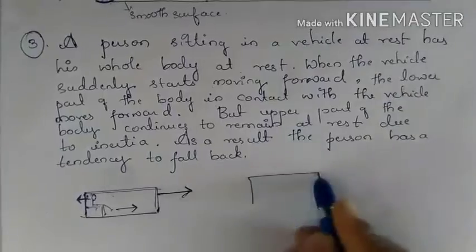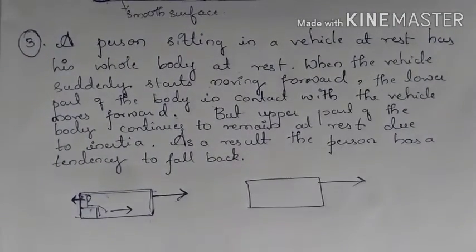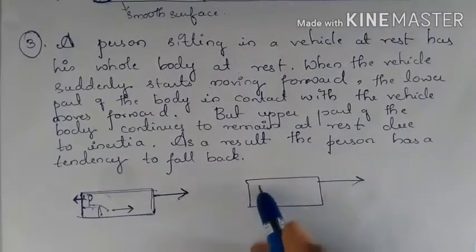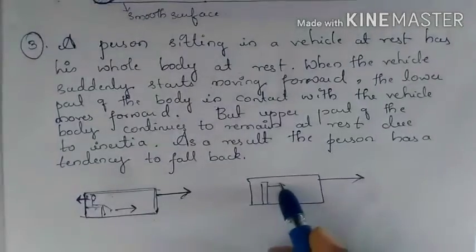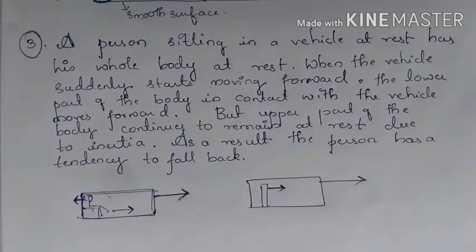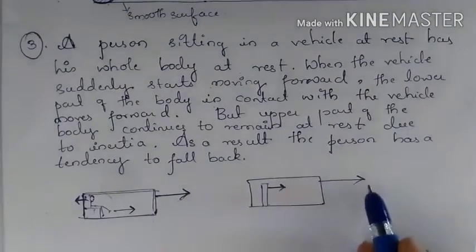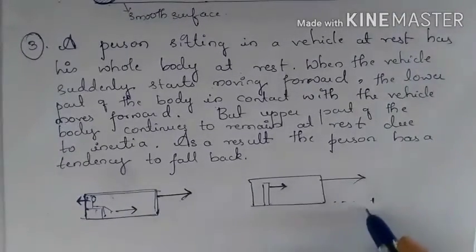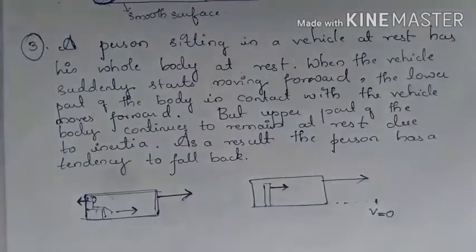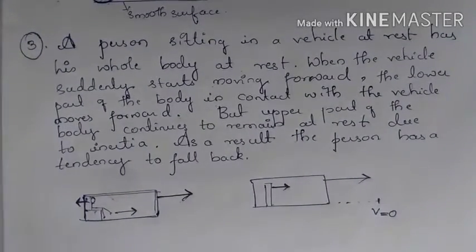So if a vehicle is moving with some speed, the person inside will also be moving with the same speed. But if this vehicle suddenly comes to rest, the velocity of this vehicle will become 0. That means this vehicle will come to rest suddenly.